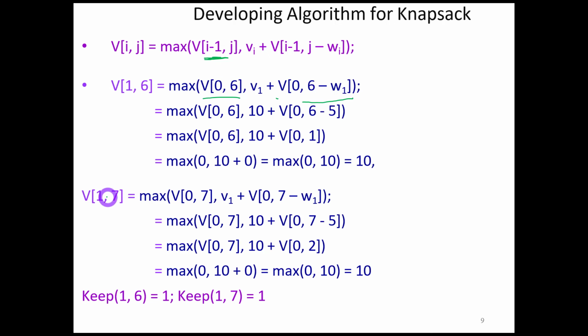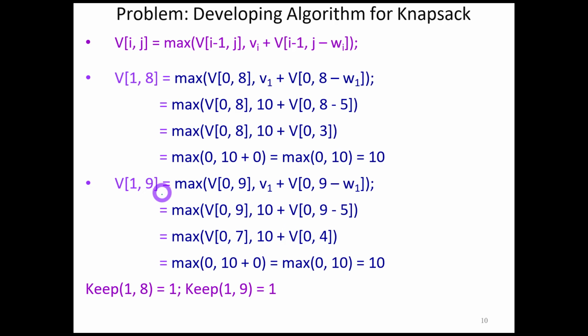Similarly, when we are doing it for 1, 7, the maximum will be 10. And obviously we are choosing the right side. We are choosing something where I has the contribution, right? Not the previous value. So we will keep 1, 6 as 1. We will keep 1, 7 as 1.